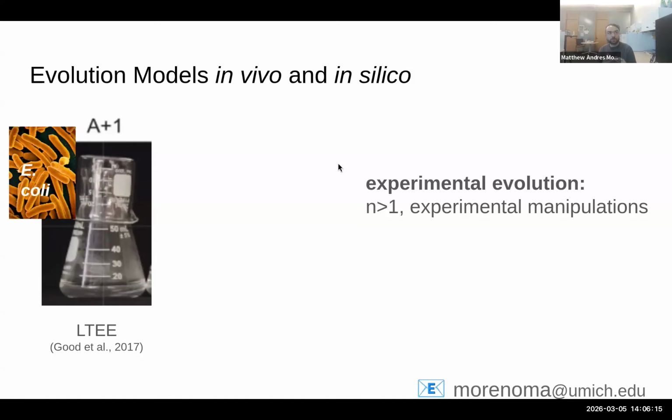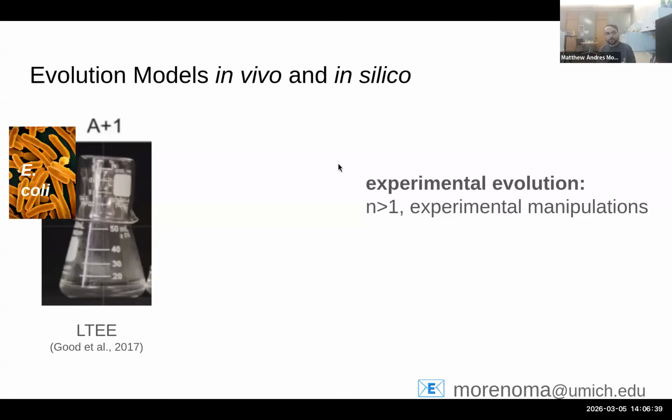We can do experimental manipulations and really, in a hands-on, direct way, study how evolution works. A classic example of this is the long-term evolution experiment, which has been watching 6 lines of E. coli evolve for thousands of generations over 30 years.